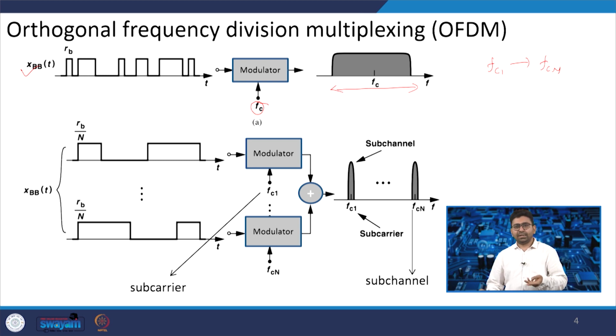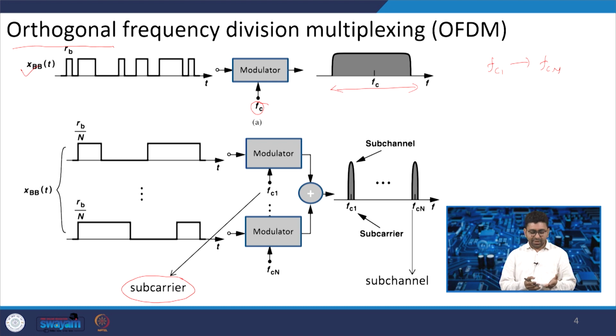So when the multiplication of these two happens, there is no interference from one channel to another channel because the channels are orthogonal. That is why the term orthogonal comes here. These are called the subcarriers, and these subcarriers are orthogonal to each other.